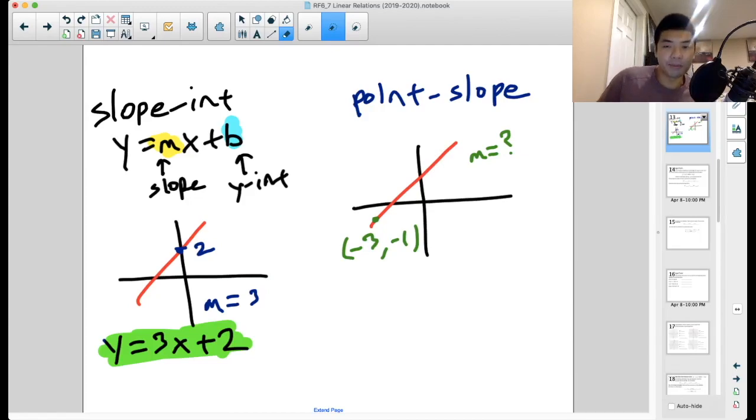Instead of being given the y-intercept, we're going to be told that the slope here could be, let's say, 4. Given these two pieces of information, we can actually come up with a different type of linear equation, which is what we're going to discuss today.